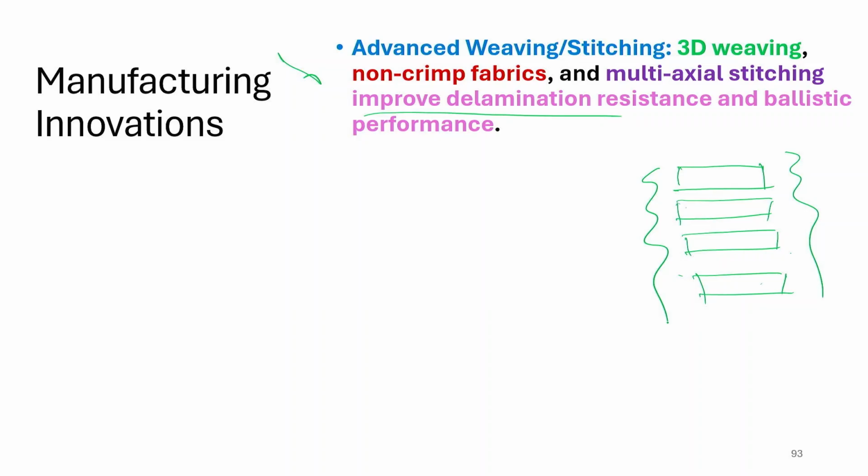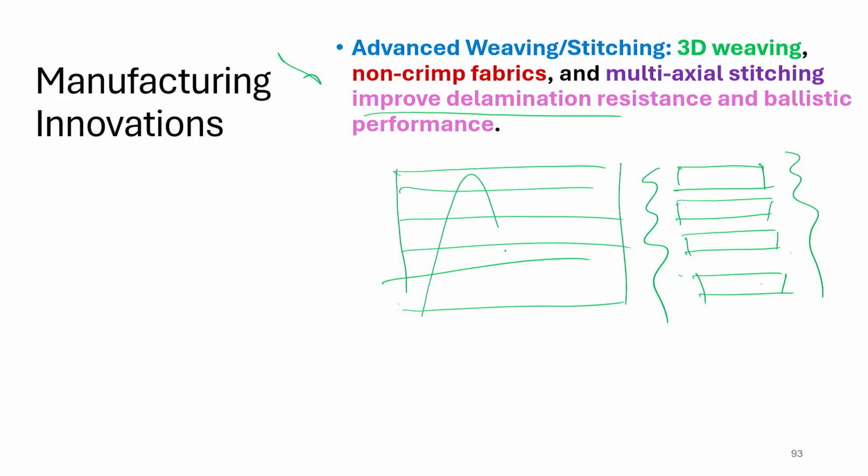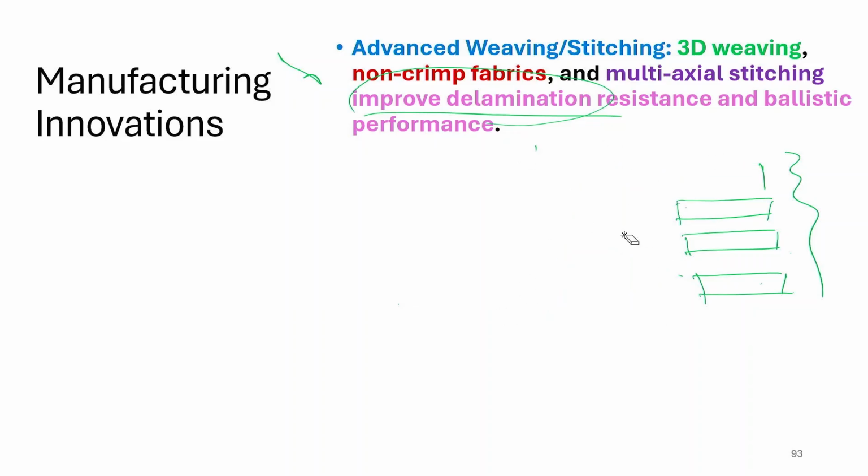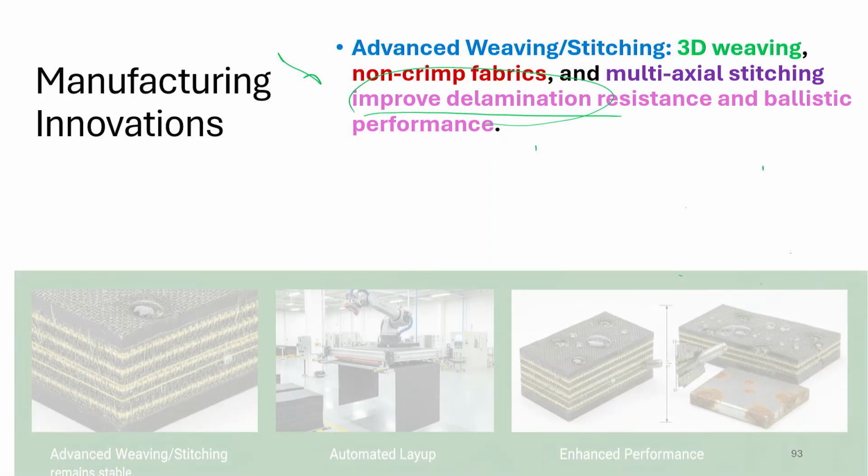But if we use a single 3D fabric with different layers, where binding threads are there, the delamination problem will be improved. So, the improved manufacturing process enhances the characteristics.